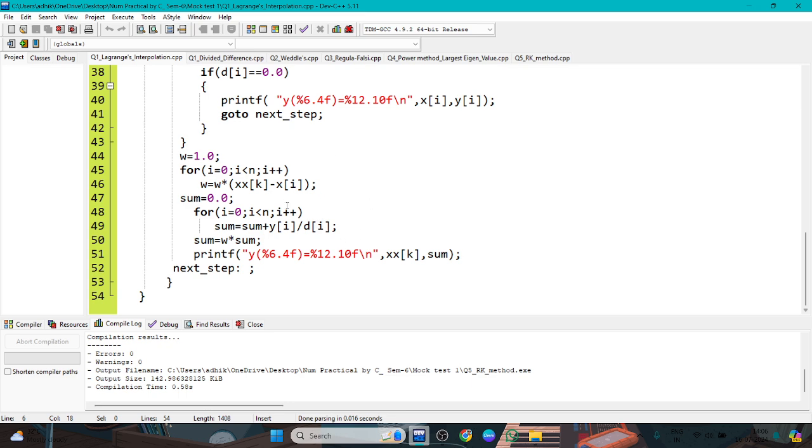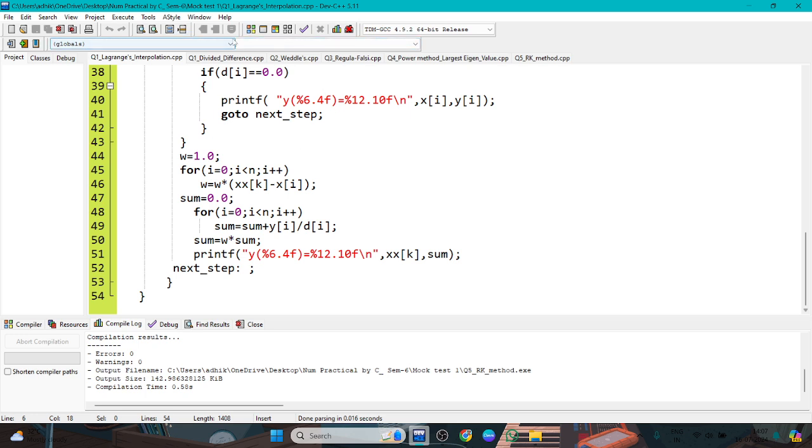If di equal to 0, the result is absurd. Sum equal to w star sum; printf y at the point xx equal to the sum value, and then the next step. Yes, and at the end you can write return 0 or not.